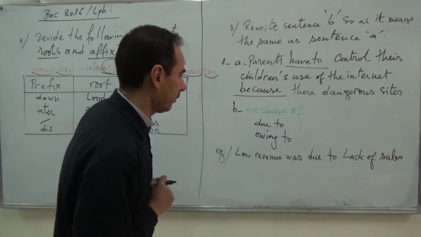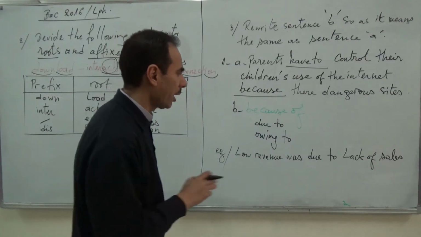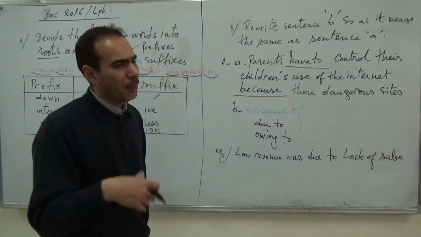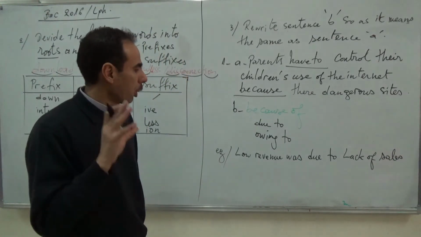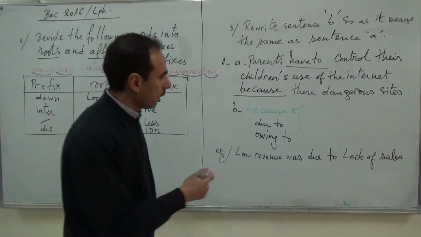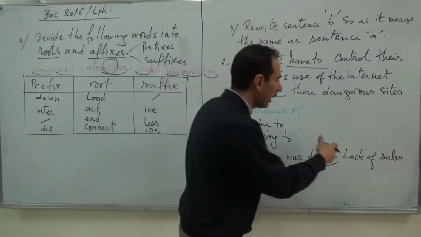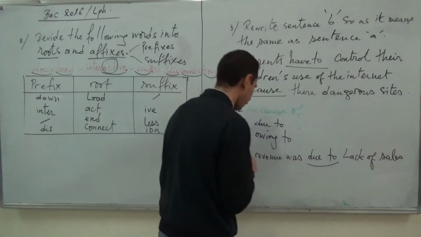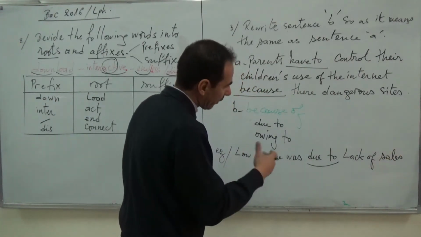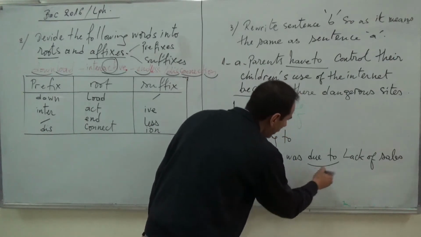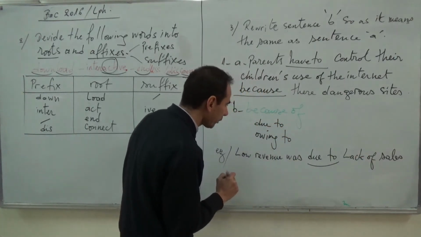Lack of sales. So you are in a shop, for example, and the shopkeeper says, my revenues are very low. What is the cause? We introduce the cause through due to lack of sales. Due to lack of sales can be replaced with owing to lack of sales or because of lack of sales.